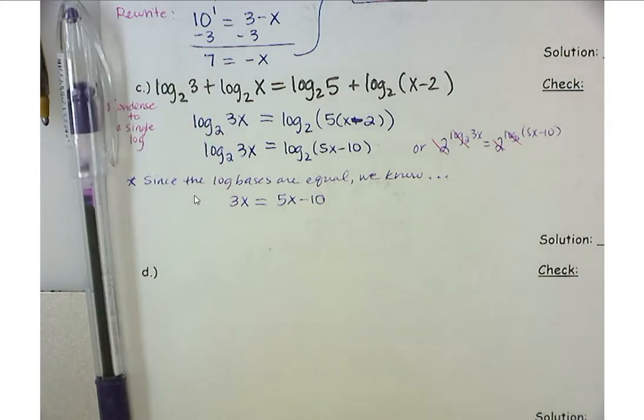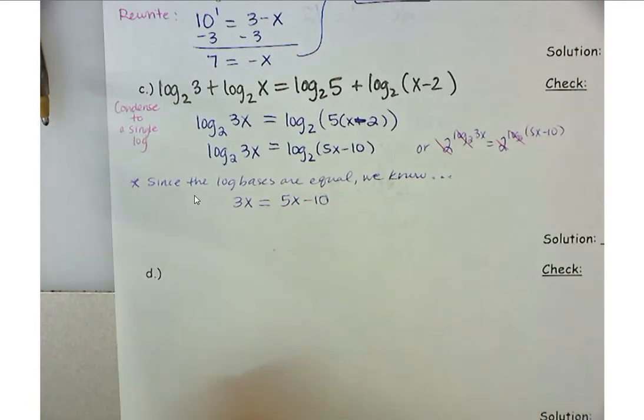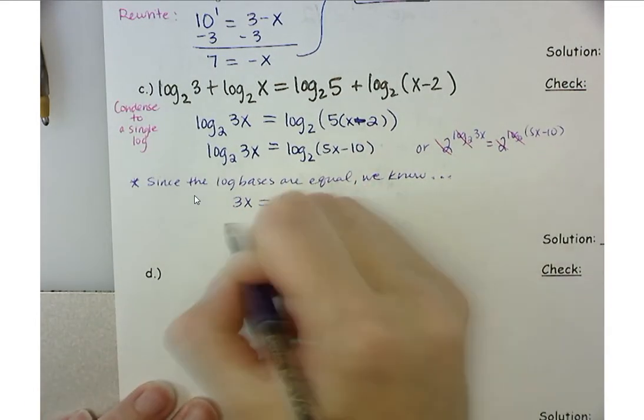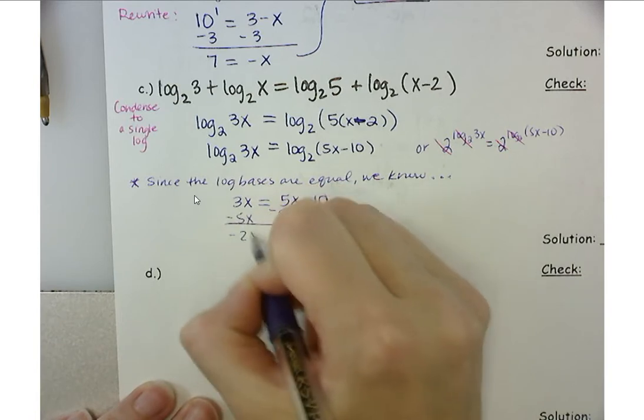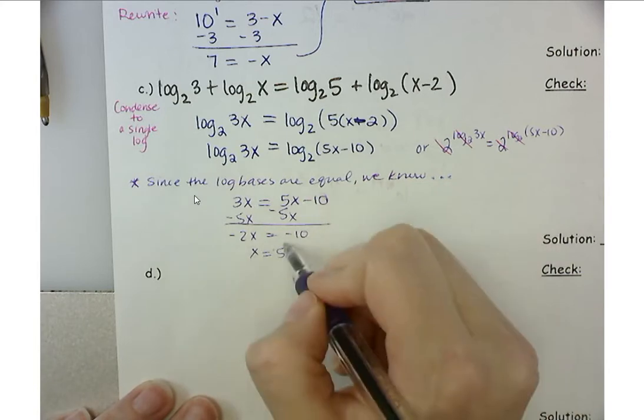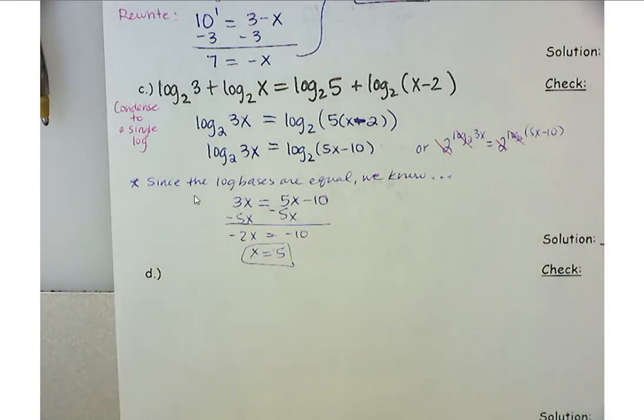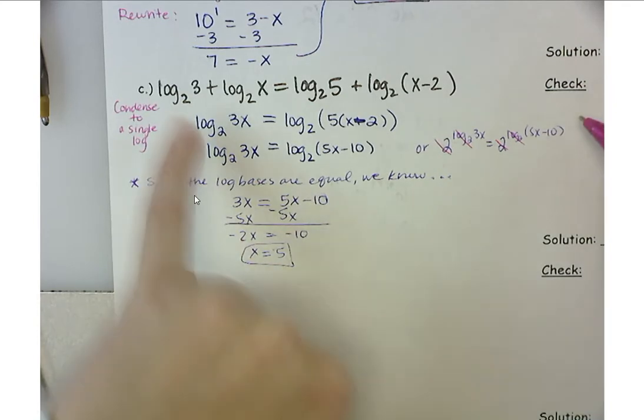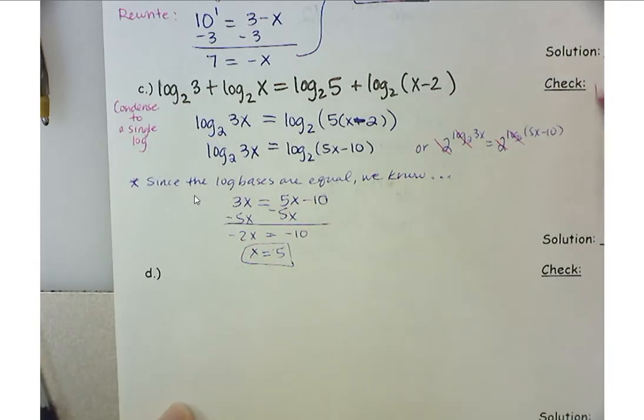So you could solve it that way. You can also just say, oh, if the bases are the same, I know these are equal, and then you can go ahead and solve for x. So you'd have negative 2x equals negative 10, which means x is going to be 5. All right, now, when you're checking ones like this, some of these are going to be a little bit different.